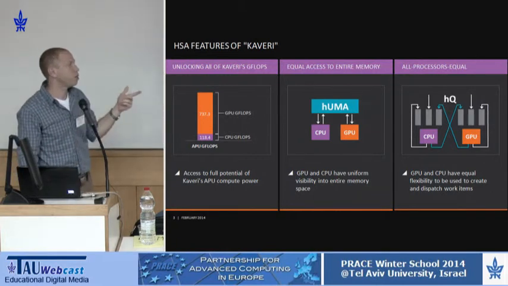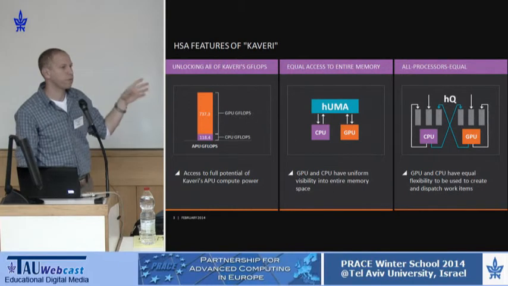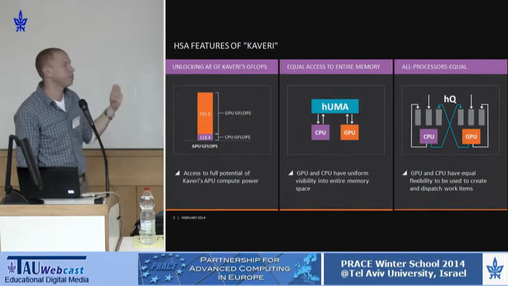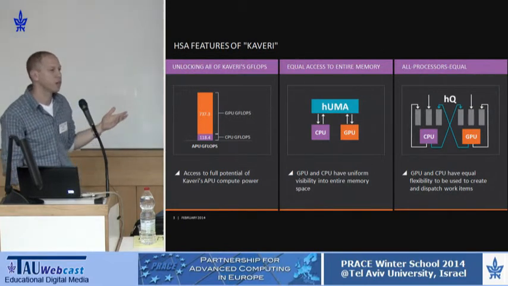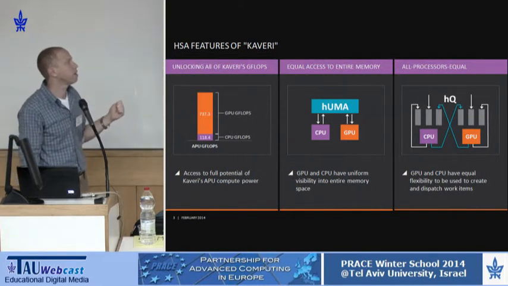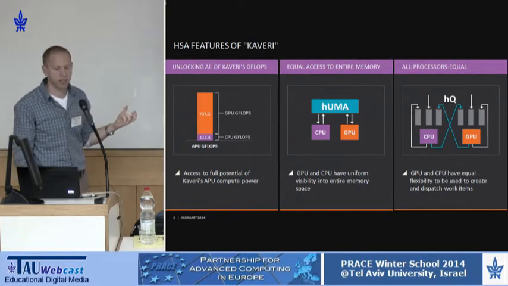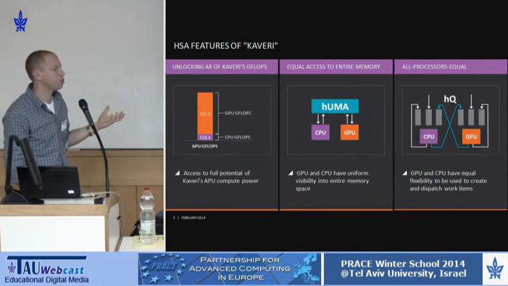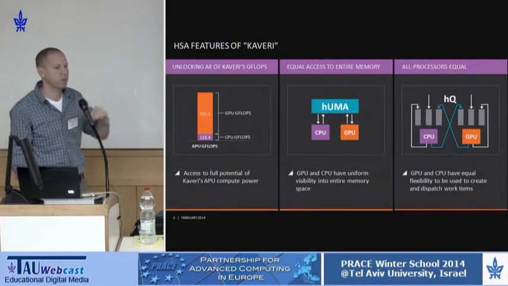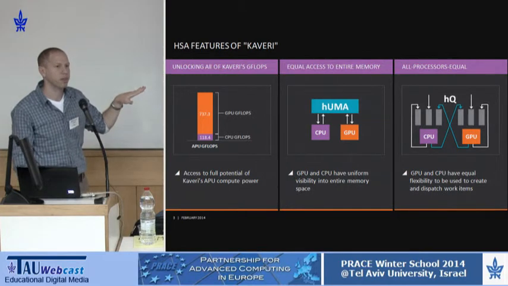The GPU has full 64-bit address space access, and it has the same bandwidth to the memory as the CPU. It actually has even slightly higher bandwidth to the memory compared to the CPU, and that gives it an advantage compared to discrete GPUs that have to access the system memory through a PCI Express bus.